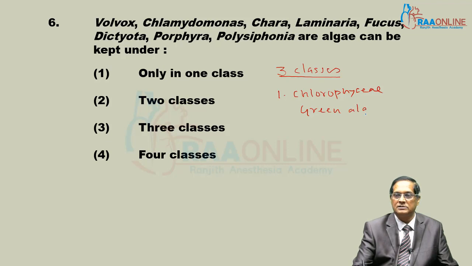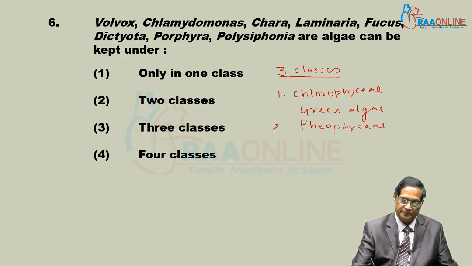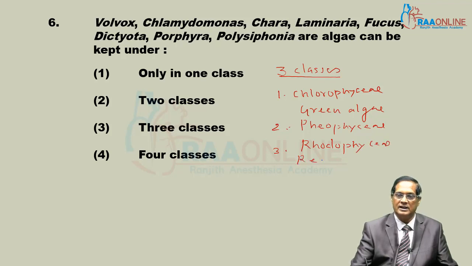The members of this class are called green alga. Class number 2 is Phaeophyceae, that is brown algae. And the third class is Rhodophyceae, that is red algae.